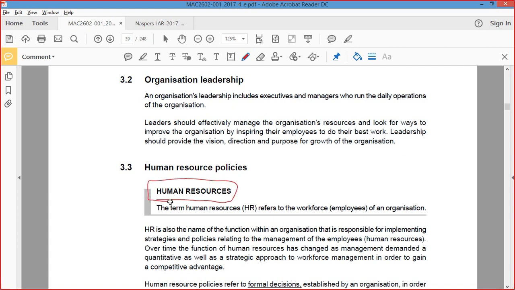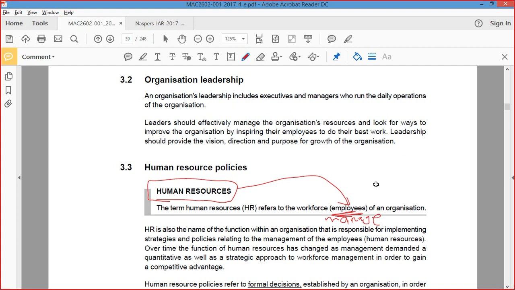Is HR important? Yes, sir, it is. Why? Because they manage the employees. And we know employees are everything to businesses, because employees can either make or break the business. If you don't look after your employees, they're not going to be happy.